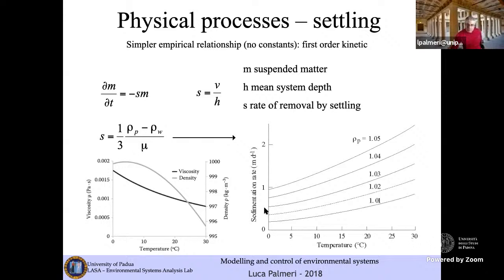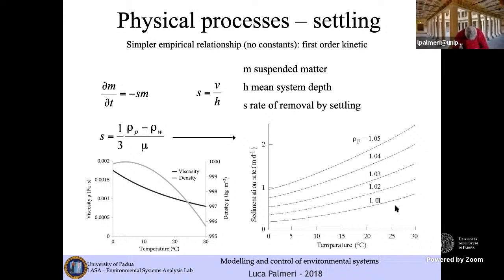Then, depending on the density of particles and on the temperature, you have different settling or sedimentation rates, and these are described by these curves in terms of the dependence of the sedimentation rate on the temperature.